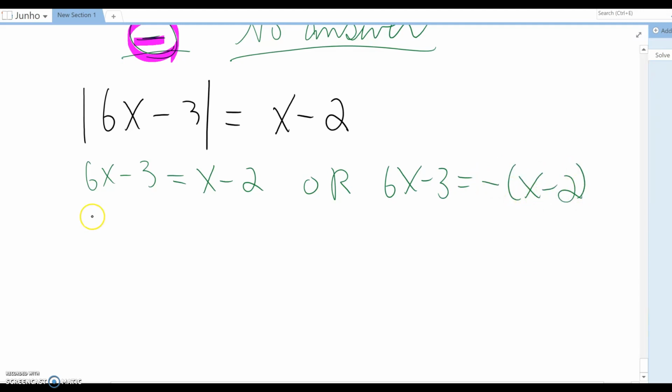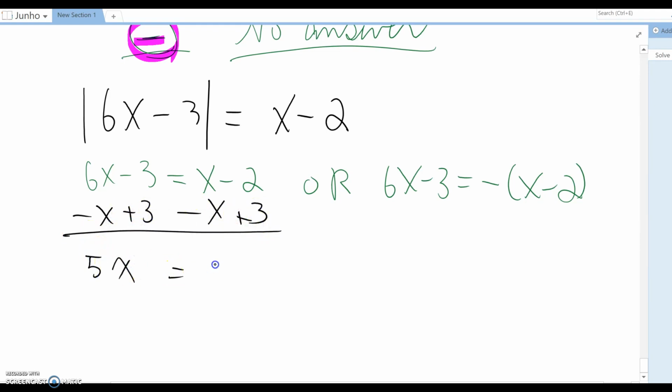Then this becomes just minus x, and at the same time plus 3, then 5x = 1, and divide by 5, then x = 1/5.